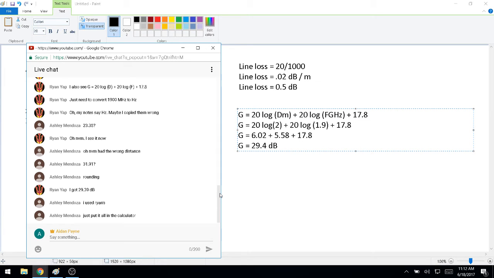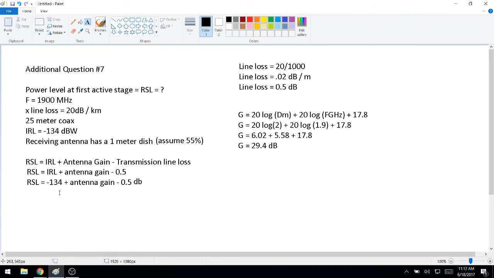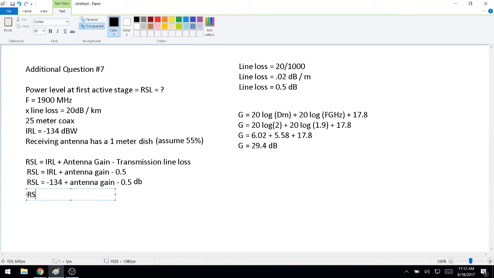But that's what we're looking for here, is that we have our gain there. And so again, that is solving for the antenna gain. And so we can go back to our actual formula for this problem. RSL equals negative 134 plus 29.4 minus 0.5.